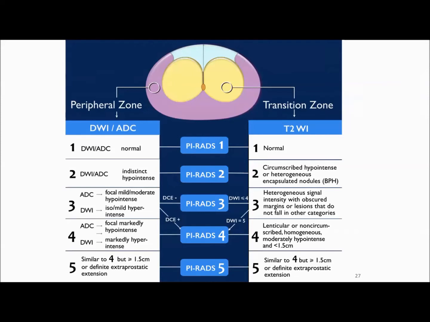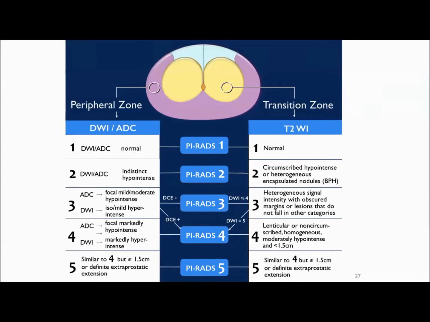For intermediate lesions, which are categorized as PI-RADS category 3, we see that the signal intensity becomes heterogeneous, and the lesions are non-circumscribed. They may be rounded and may show moderate hypointensity, and they do not qualify as category 2, category 4, or category 5.